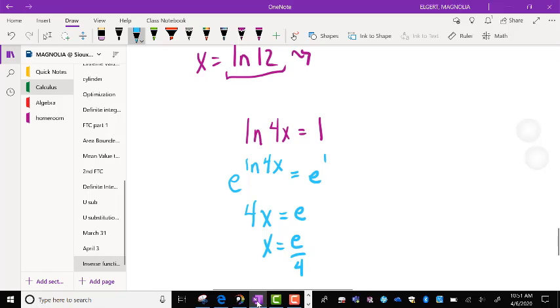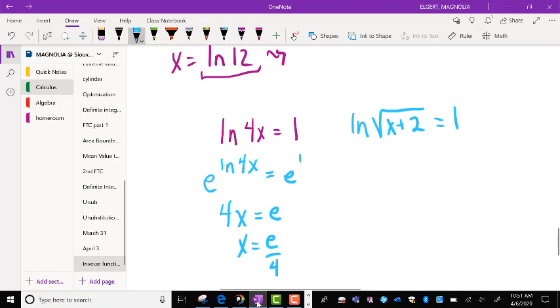A little bit harder problem if you had the natural log of the square root of x plus 2 equals 1. Before I did this one, I would probably rewrite this as the natural log, and I'd put the 1/2 in front. So 1/2 natural log of the quantity x plus 2, because the square root is the 1/2 power, and the power can go in front.